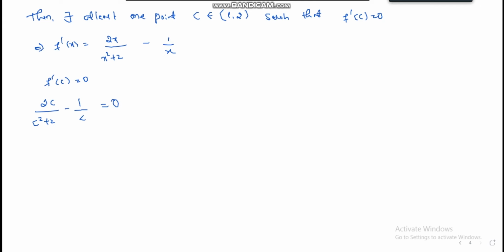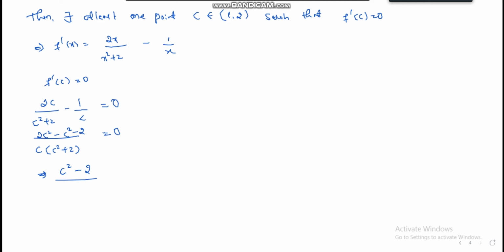Now take the LCM, which is c into c square plus 2. We get 2c square minus (c square plus 2), divided by c into c square plus 2, which gives c square minus 2 equal to 0. Simplifying, 2c square minus c square is c square, minus 2 as it is.